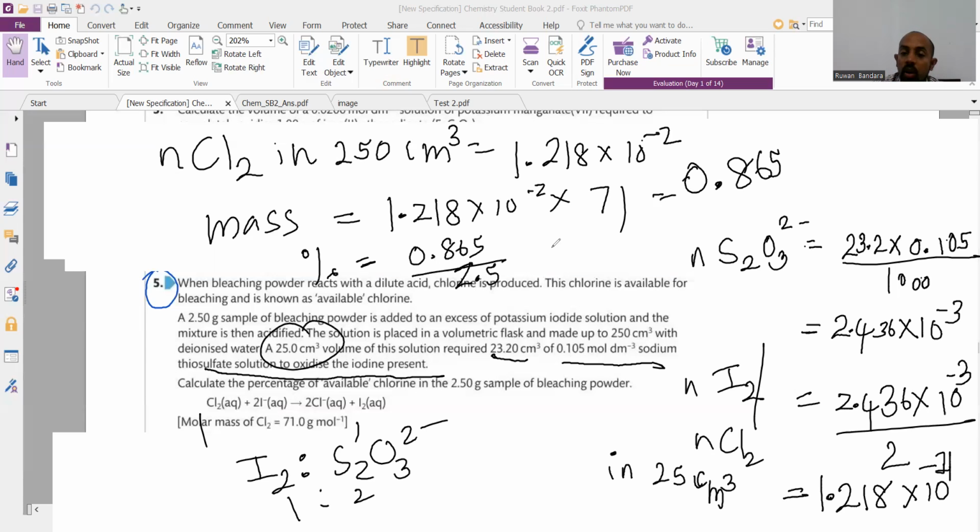So I'm getting 34.6 as the answer. Is this clear? You might have identified the mistakes as well.